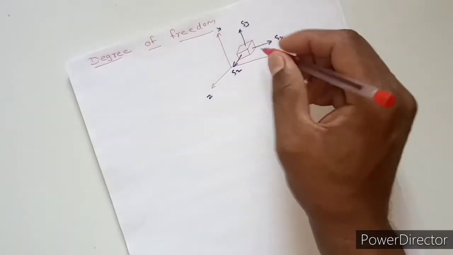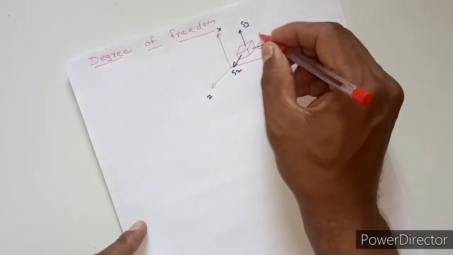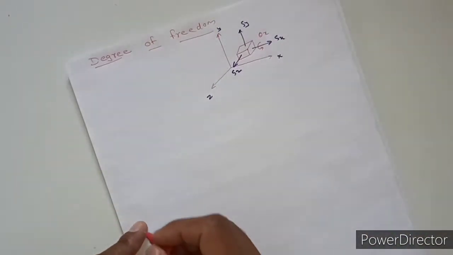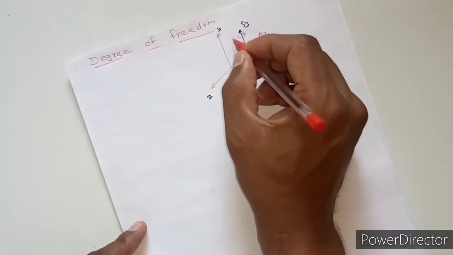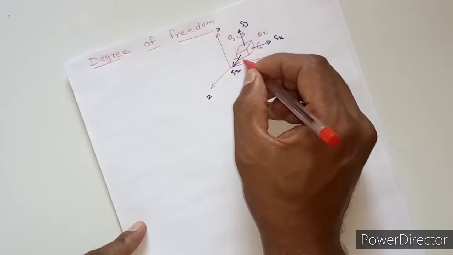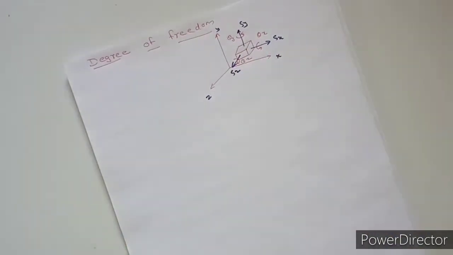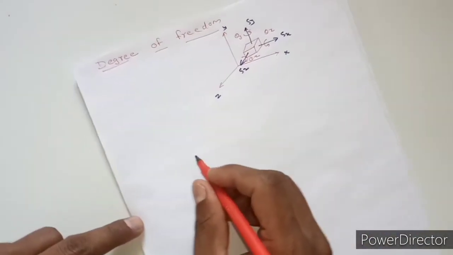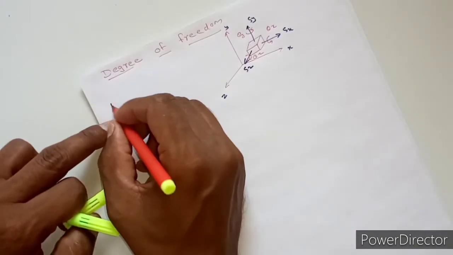Along with this, the rigid body can rotate about x-axis, it can rotate about y-axis, as well as it can rotate about z-axis. So we can say that an unconstrained rigid body in space has 6 degrees of freedom.